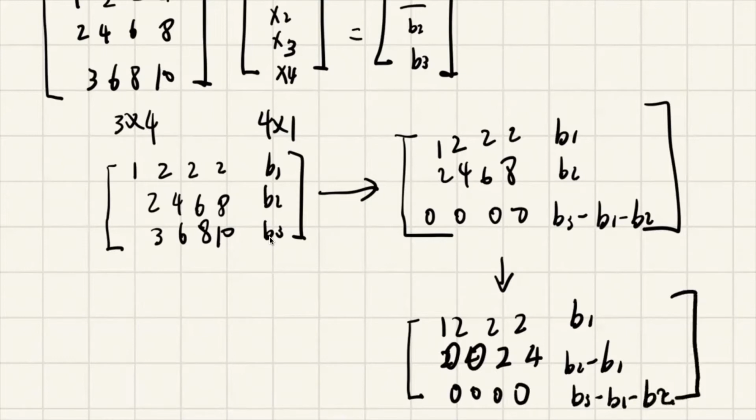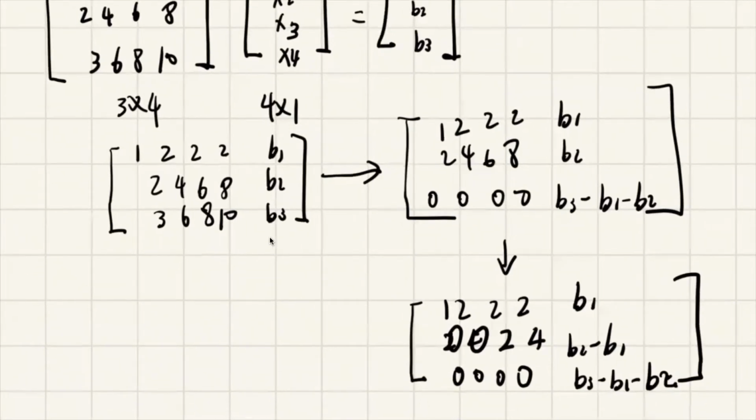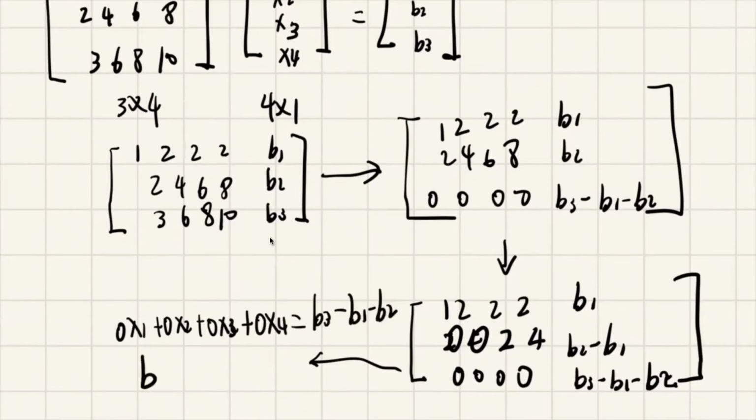So that's how we get our matrix here. The last row means 0 times x1 equals b3 minus b1 minus b2, so if we want to have a solution, b3 definitely has to be the sum of b1 and b2. That's one condition we have got.